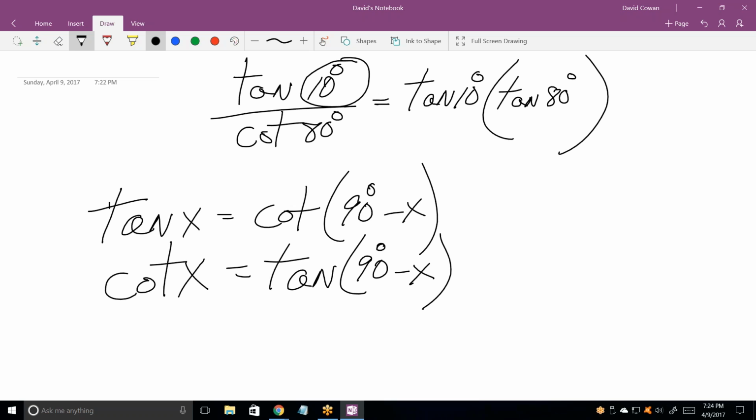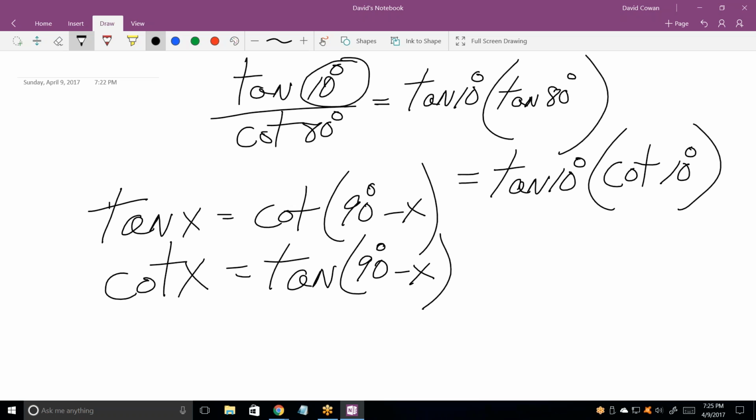Now I could make that cotangent of 10. That helps a lot, actually. So this is going to be tangent of 10 degrees times cotangent of 10 degrees. You see how I get that? From this, tangent of x is equal to cotangent of 90 degrees minus x.